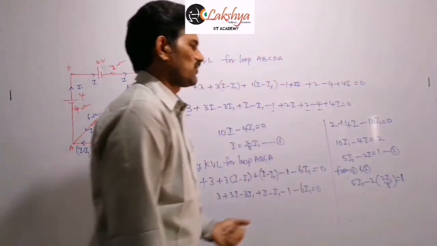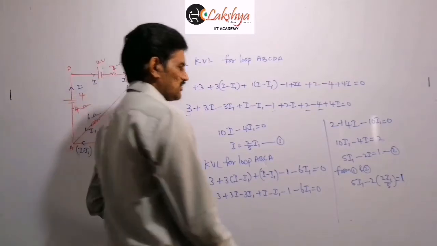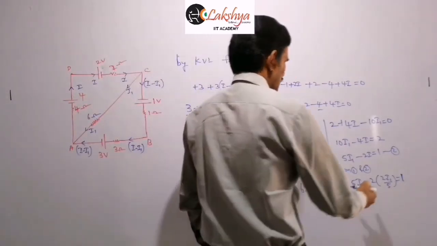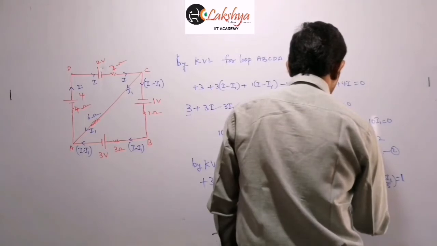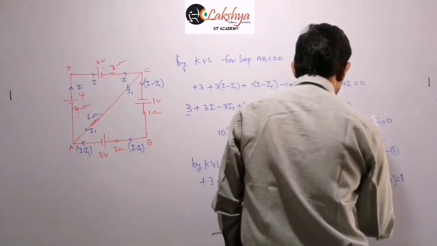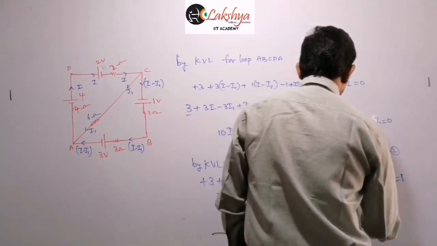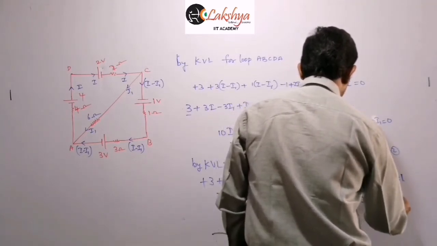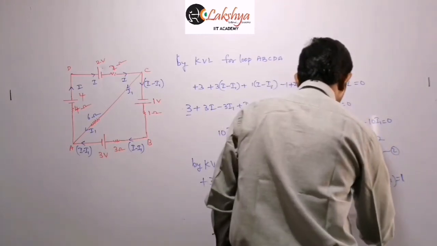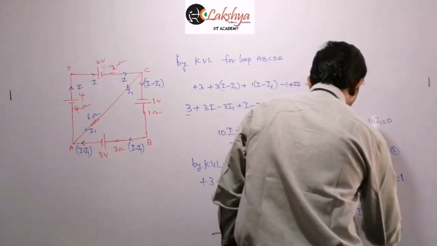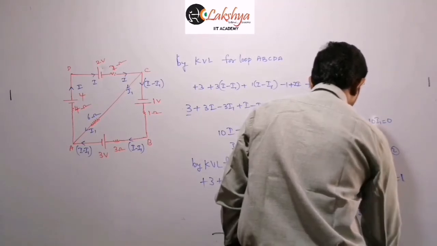And then simplify, take LCM and simplify this. Therefore this I1 value, 25 minus 4 you will get, so 21 I1 by 5 is equal to 1. Therefore, this I1 is equal to 5 by 21 amperes, right?